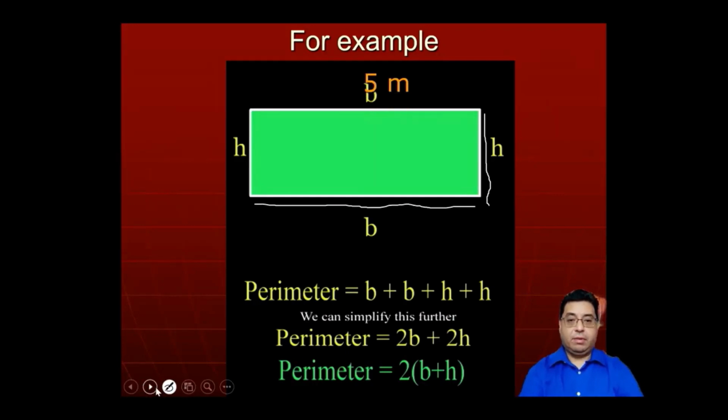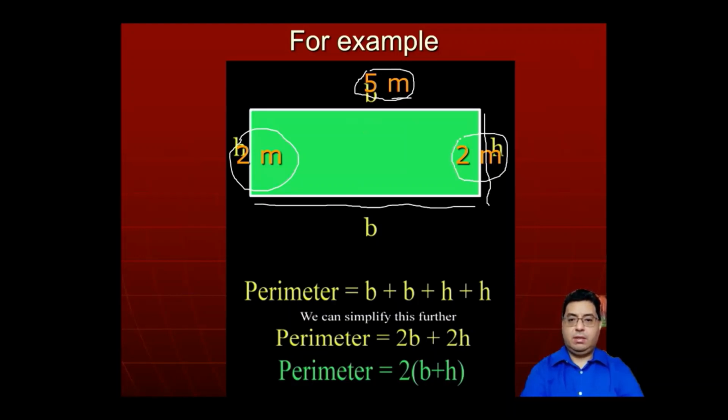And for this particular problem, we're going to say that the breadth is 5 meters. Excuse me, I first said centimeters, but I meant 5 meters for the breadth. And then the height, we're going to make it 2 meters here and here, which means the other breadth here is going to be 5 meters.